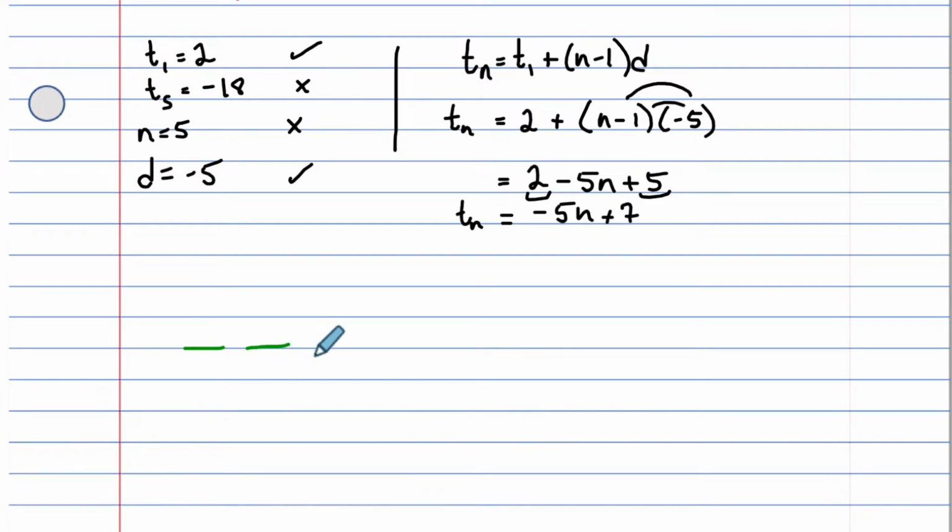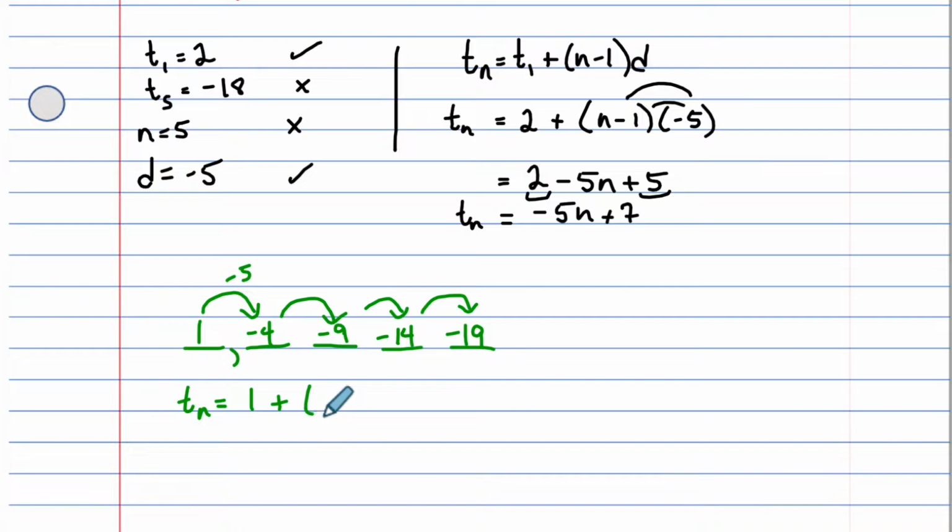Let's see what would happen if you started with a different first term. Let's start with a 1. So if we added a -5 each time, the general term would be t of n equals the first term plus n minus 1 times your d, common difference of -5, and distributing this -5 through, we can write it as a negative.